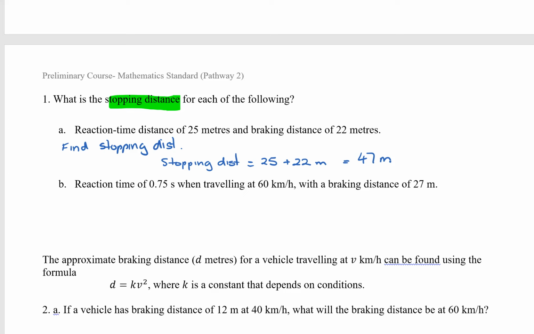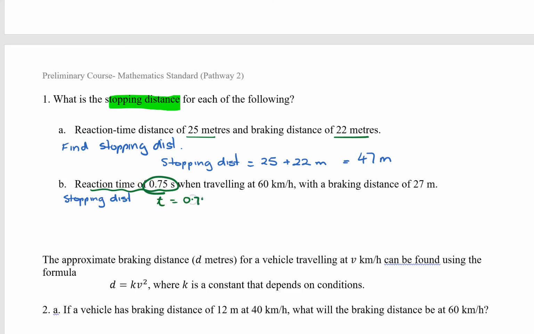That's quite a distance. Now, part B is a little bit different because it's still asking you to find the stopping distance, and I'm aware that I need the reaction distance, whereas they only give the reaction time. It's in seconds, whereas the measures given before were in metres. So why have they given me time?